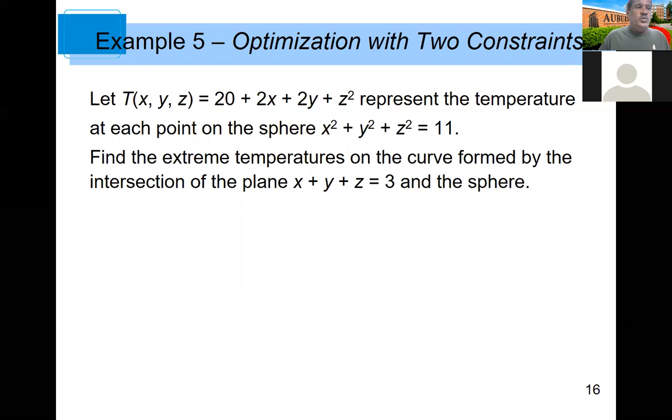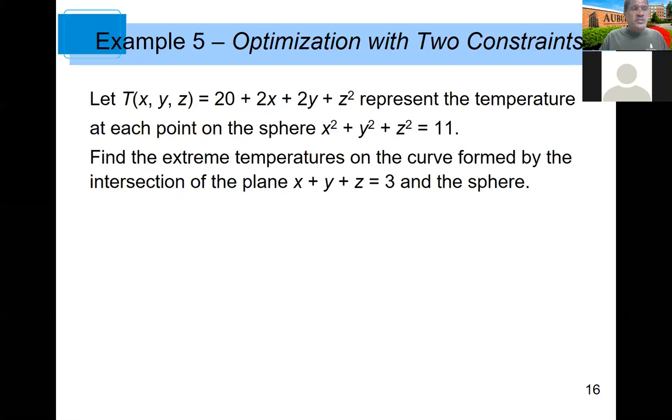So this is example 5. Let T of x, y, z equal to 20 plus 2x plus 2y plus z squared, where T stands for temperature, represent the temperature at each point on the sphere x squared plus y squared plus z squared equals 11.